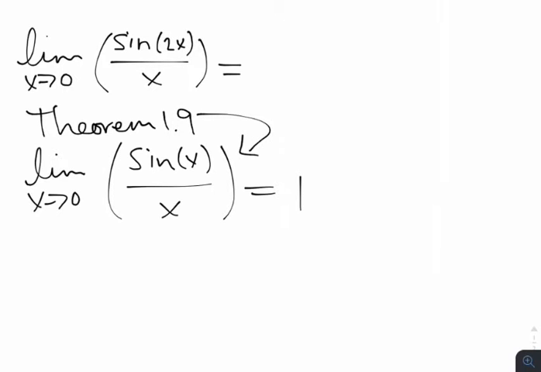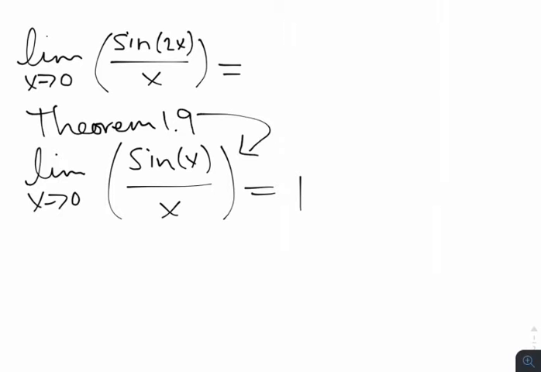So let's go back to our original problem of the limit as x approaches 0 of sine of 2x over x. Since we have sine of x over x in theorem 1.9 equal to 1, any number in that sine of 2x, we can multiply by the 1 here.